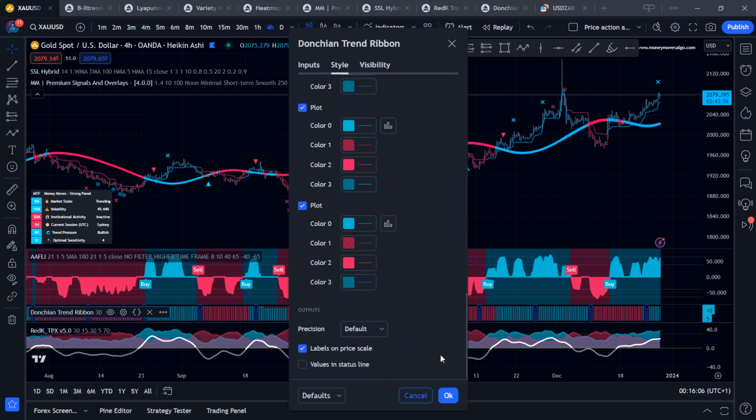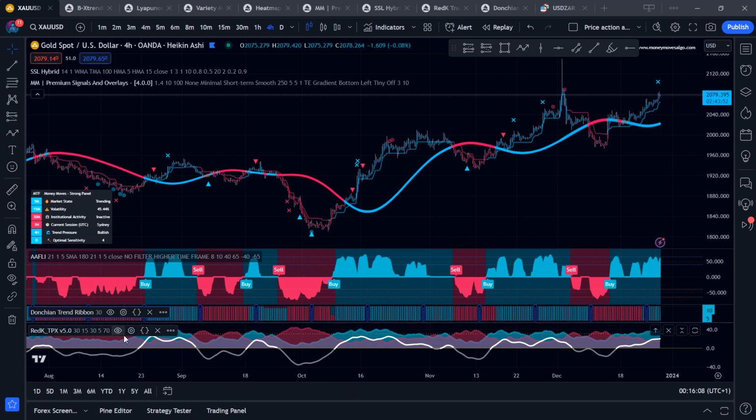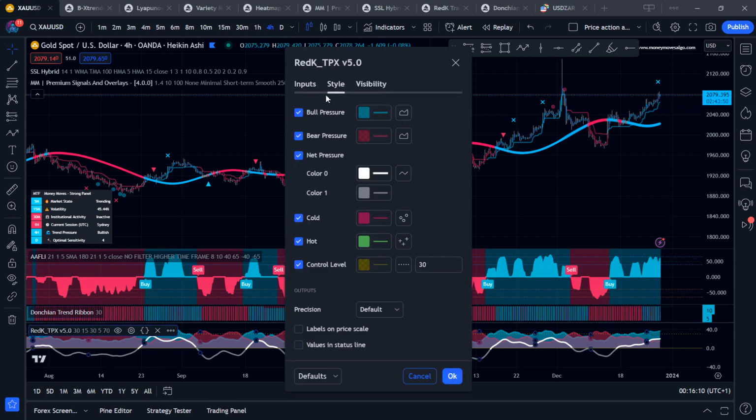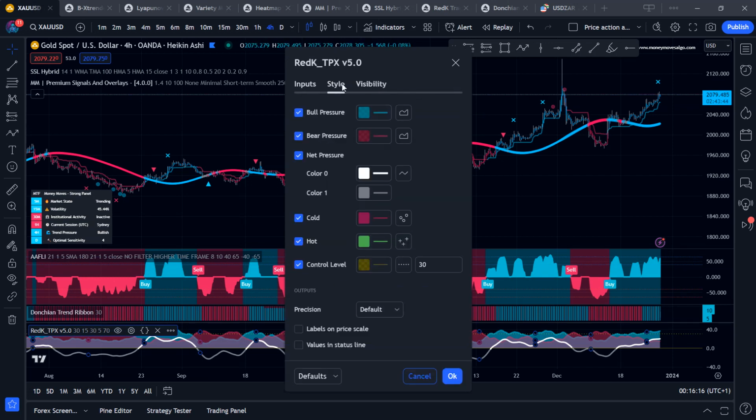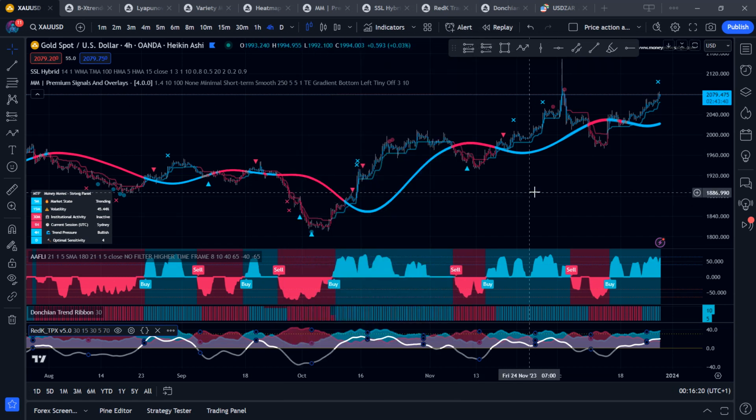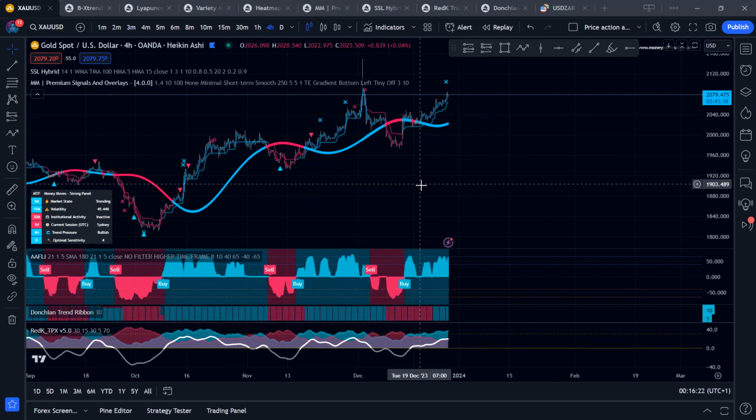So next one, trend pressure. These are the inputs and the style. Alright, that's pretty much it for the settings.